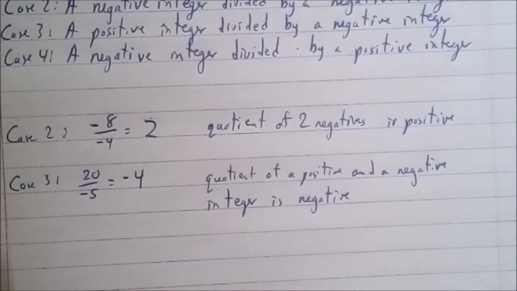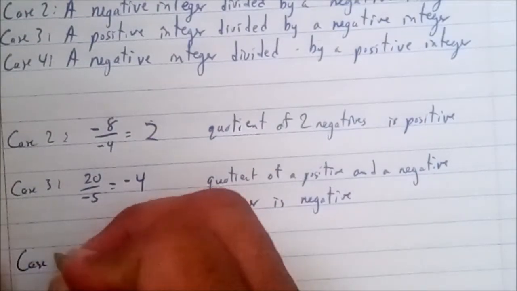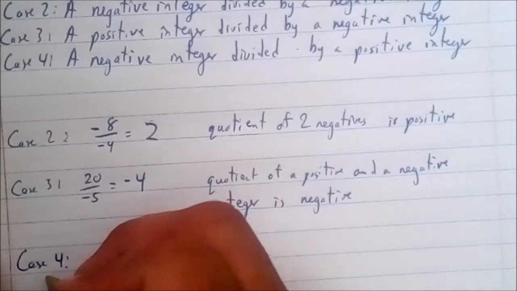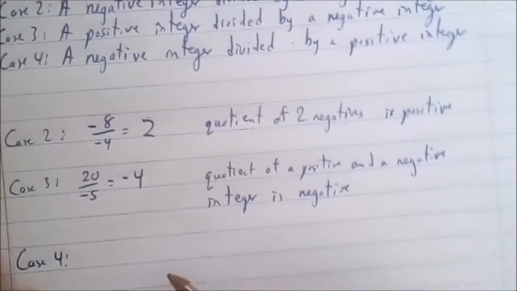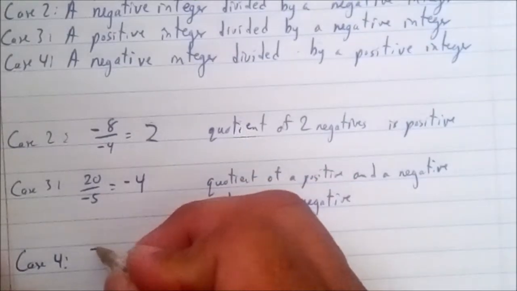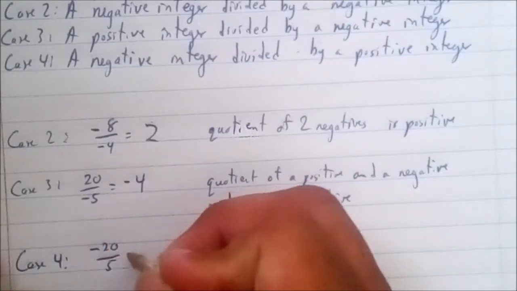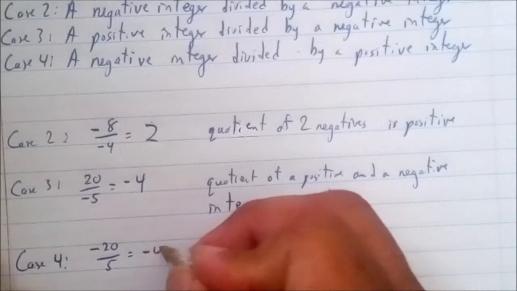Okay, and case 4 now gives us that if we have a negative divided by a positive, so let's put this one here, negative 20 divided by positive 5, that gives us negative 4.